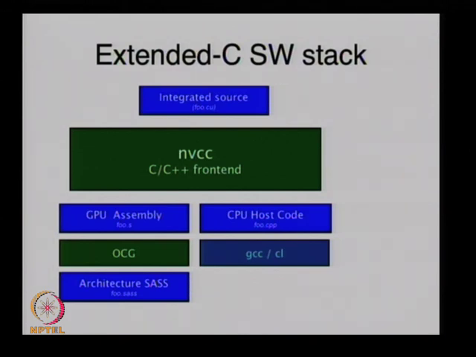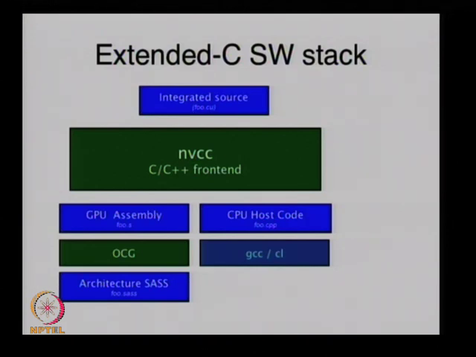So that's what's indicated here with some foo.s, which can run on a variety of GPU platforms. And then once you know what GPU platform you're going to run on, you compile it further using OCG, which is essentially an optimized code generator.